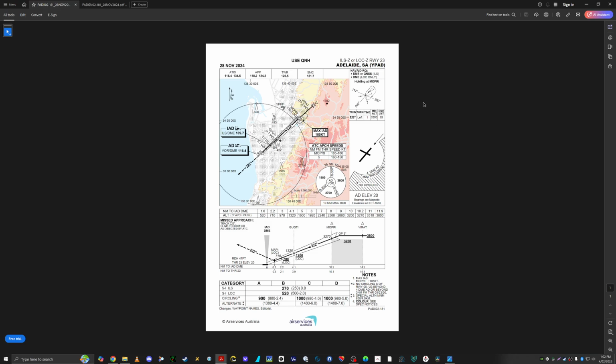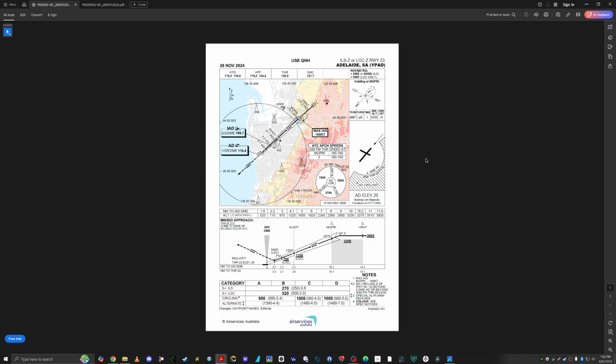As you can see up the top, it says ILS or localizer runway 23. Why would it say ILS Zulu or localizer? Because sometimes the ILS, as a lot of people would know, consists of lateral navigation and vertical navigation. So that's why it's called a precision approach.